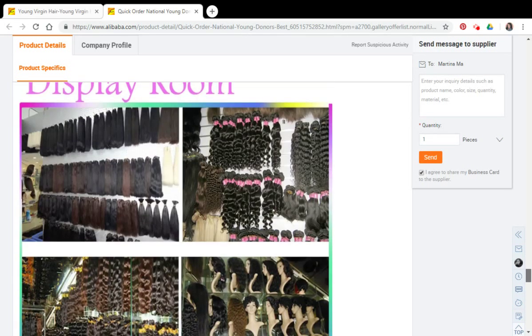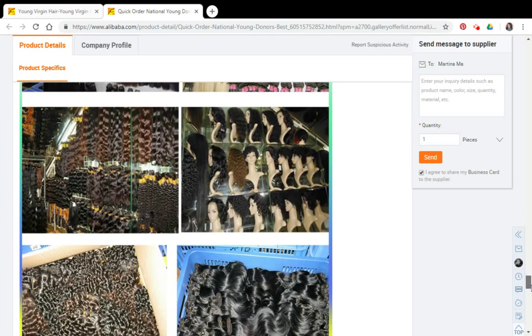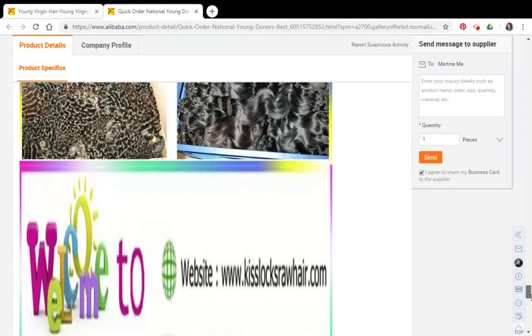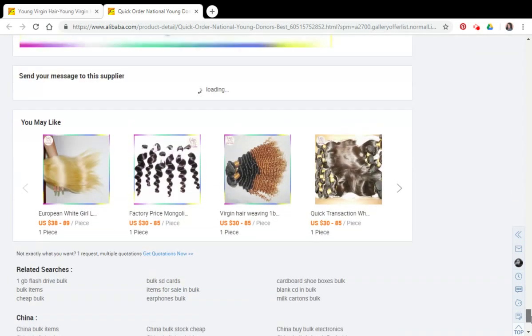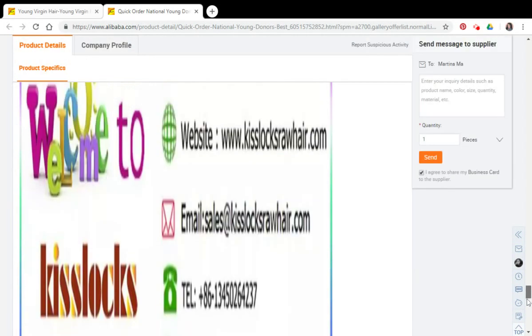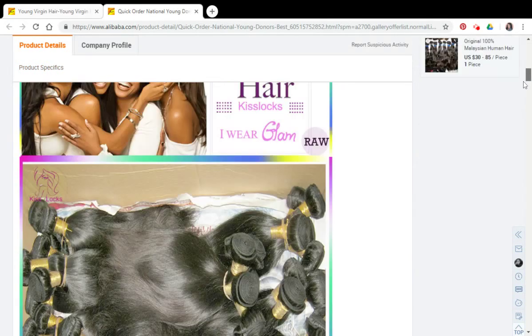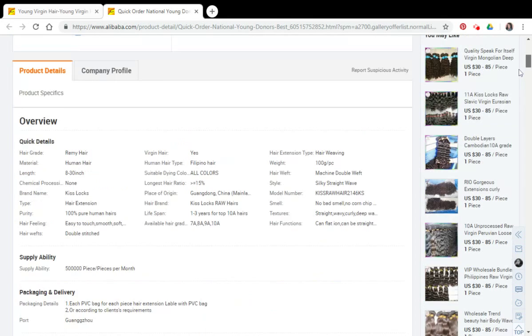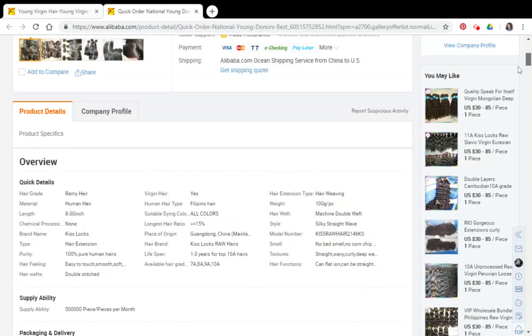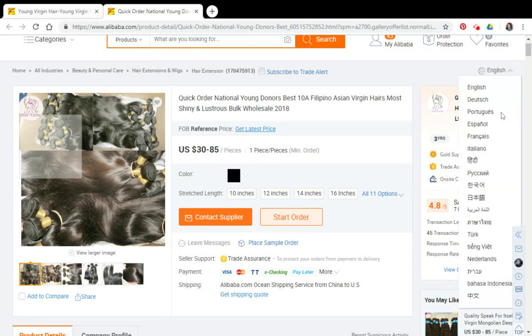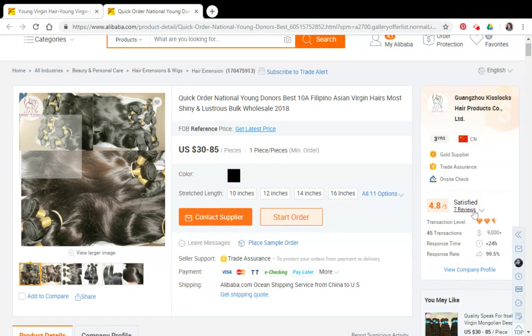I don't know about this vendor, but it looks like they do process their hair for the wave pattern and things like that, but it is a Chinese-based company, so the fact that they're claiming that they have all of these different origins, I wouldn't suggest you deal with this company. If you did want to put this company on your list, I would solely go by reviews. So let's see what the reviews are saying.